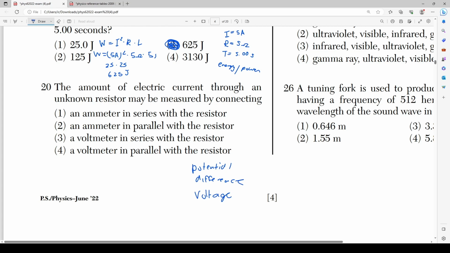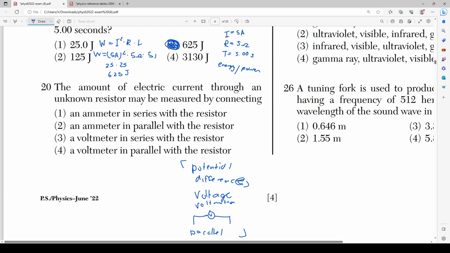The way we measure that is we attach a voltmeter, this little V, and he has 2 legs that face downward. So in order to find the potential difference across a resistor, across a circuit, we're going to use a voltmeter, and this is connected in parallel. That's all you need to know for that.